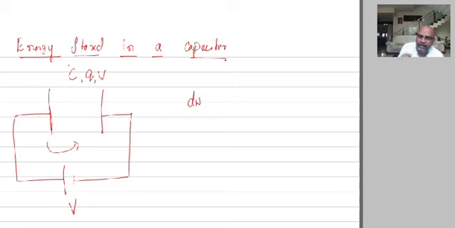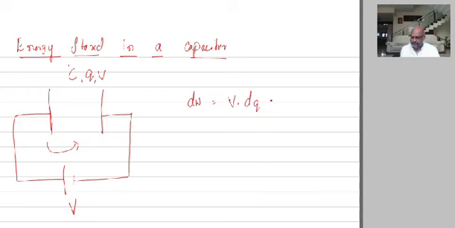In electrostatics, what is the work done? I have told you, work done is equal to the potential V into dQ.